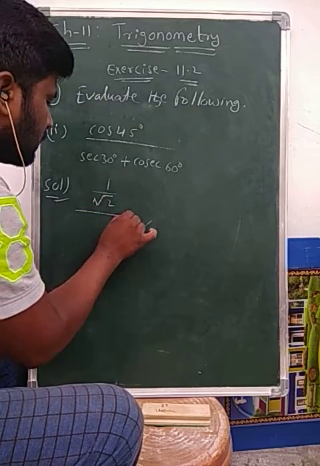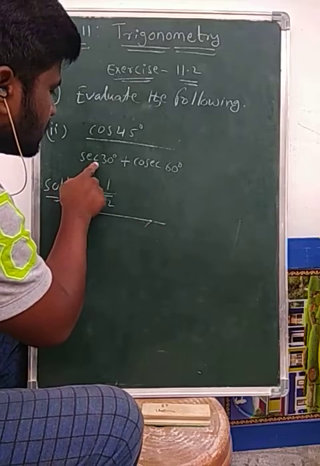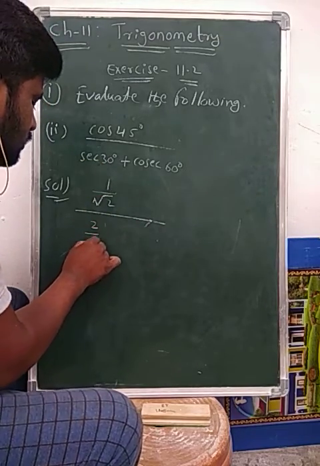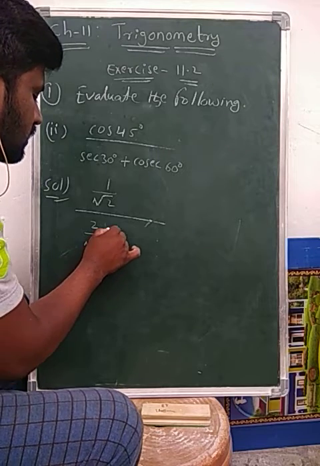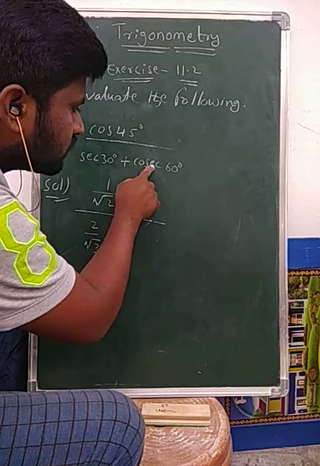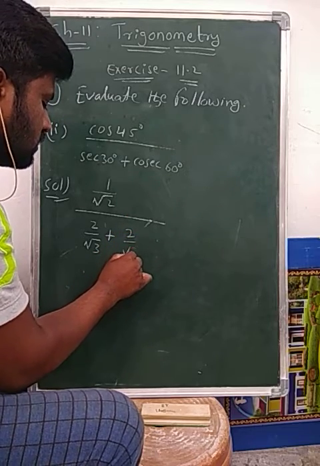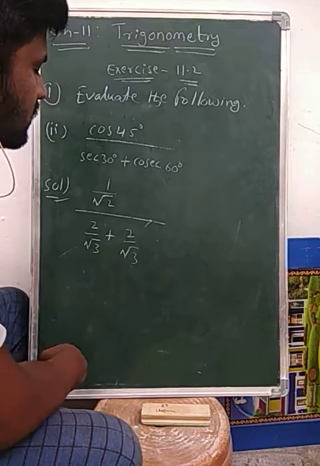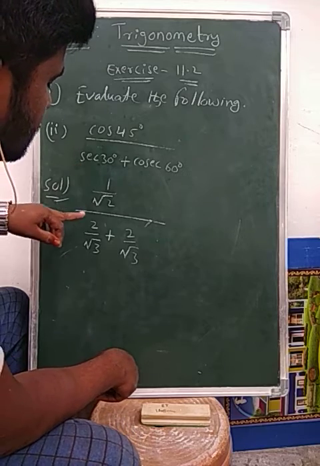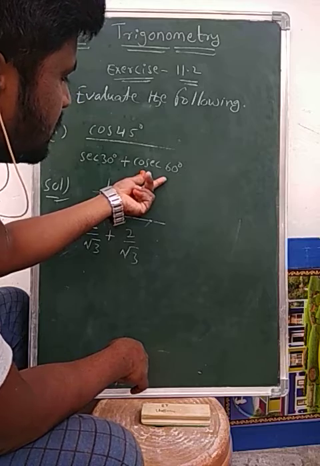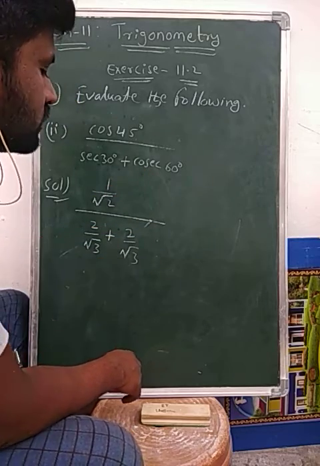Then the value of secant 30 is 2 by root 3, plus cosecant 60 degrees, which is also 2 by root 3.